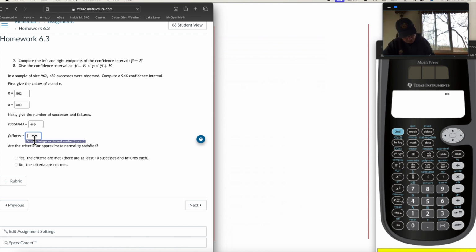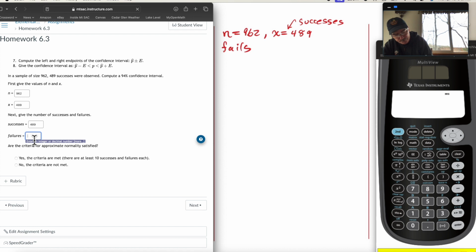So we said that N is 962. X is 489. And that's the number of successes. Okay, so then the fails is N minus X. So 962 minus 489.